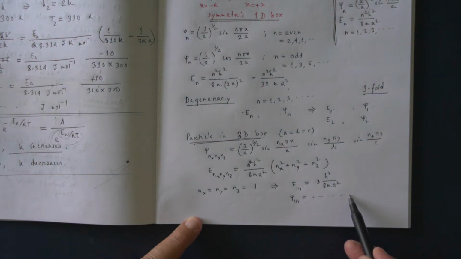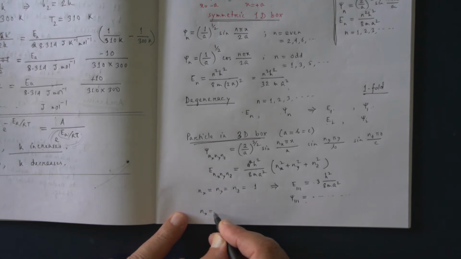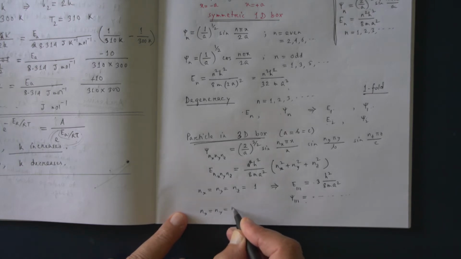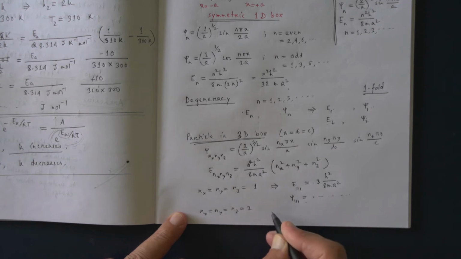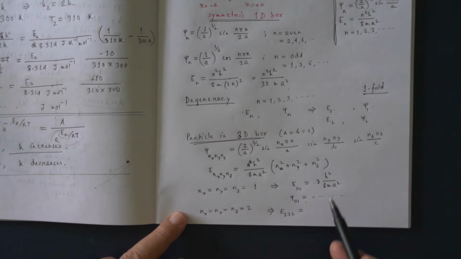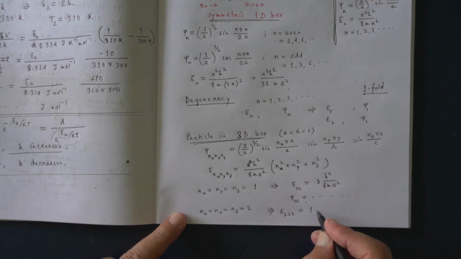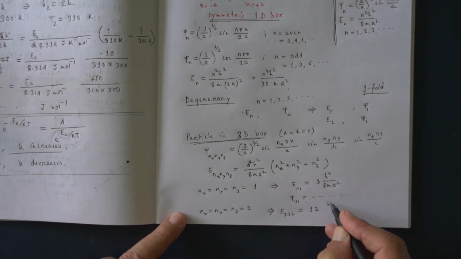Similarly, when nx equals ny equals nz equals 2, the corresponding energy will be E222, that will be equal to 4 plus 4 plus 4, so 12 into h square by 8 m a square.